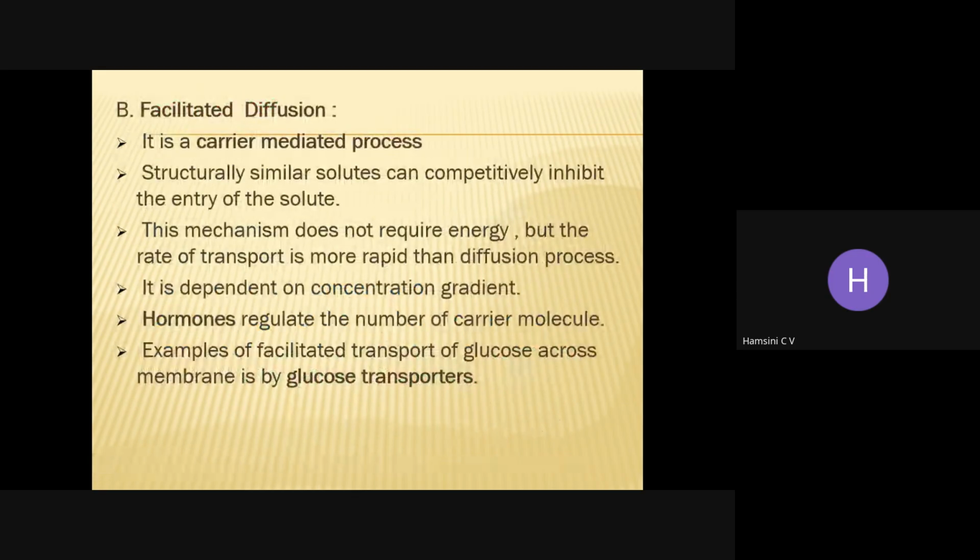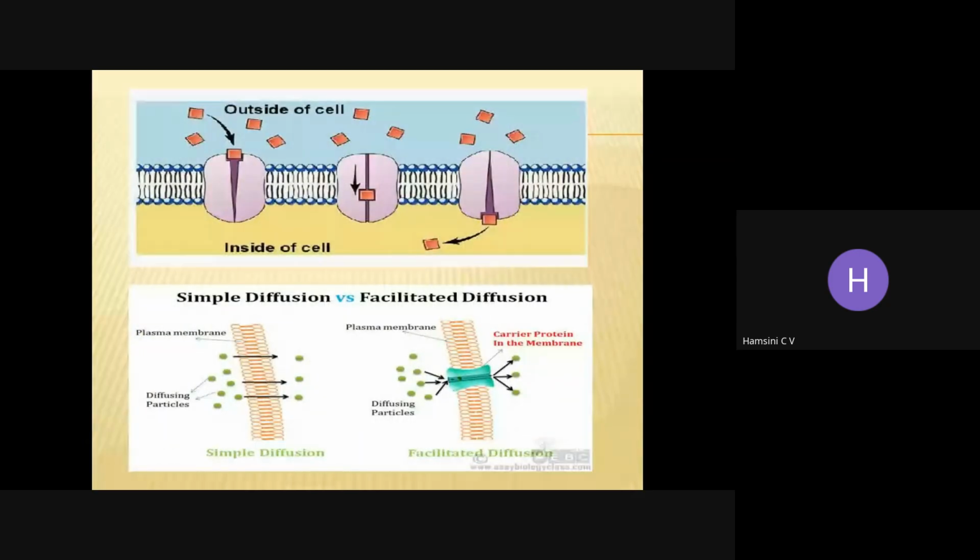Next, in the same type, you have something called facilitated diffusion. Here, I will show you with the diagram, then you will understand it well. See, this is facilitated diffusion. You can see the difference between simple and facilitated. See, simple diffusion, this is the plasma membrane, where the molecules are diffusing from higher concentration to lower concentration. It just moves through the membrane like this.